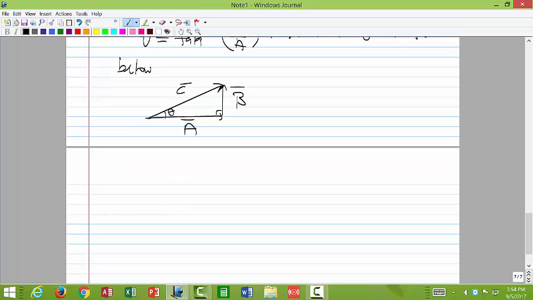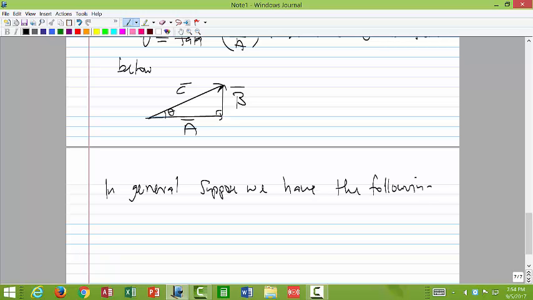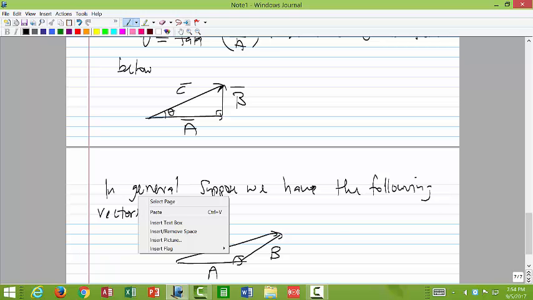So we can say that in general, suppose we have the following vectors. Let's say we have vector A and vector B, and we want to get vector C, where this angle is theta, this angle is, let's say, phi, and that angle is theta.